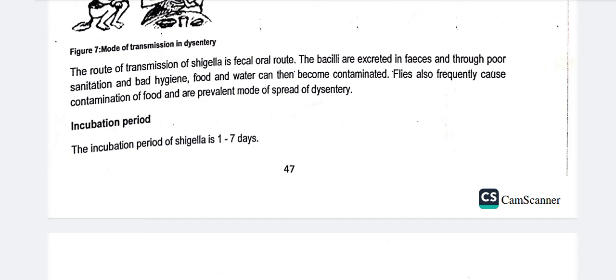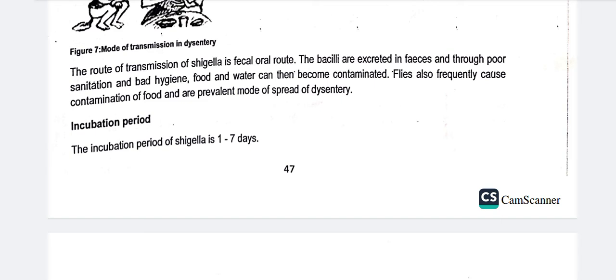Any definition? The time between the entry of the disease or infection up to the time when there is manifestation of signs and symptoms. That's a great definition.